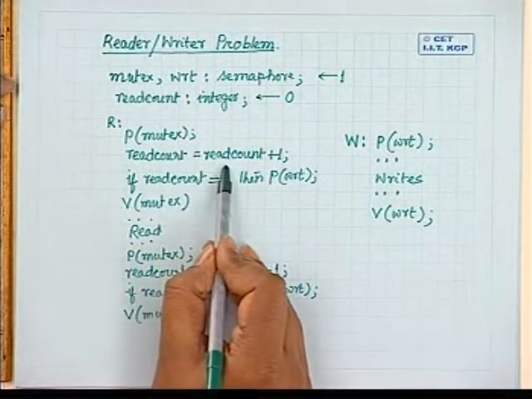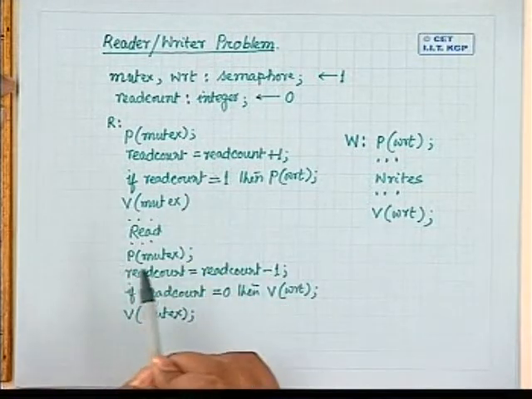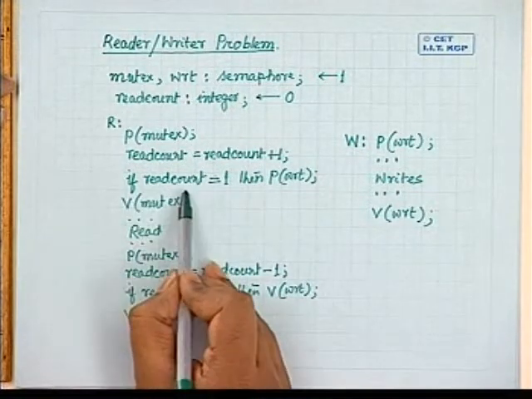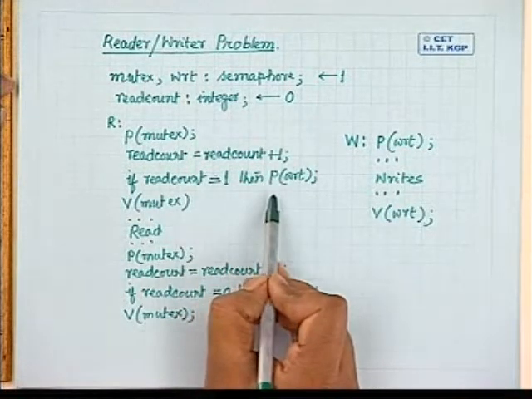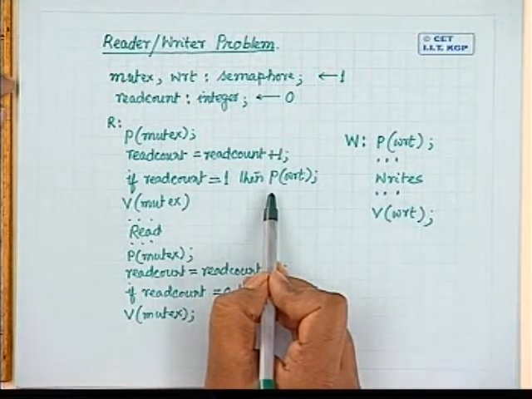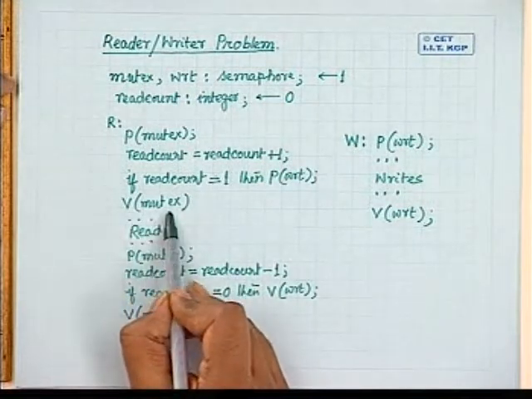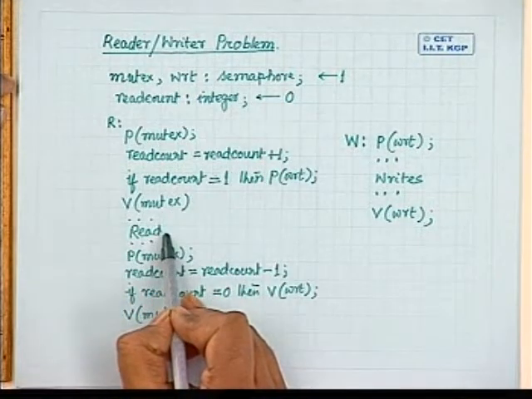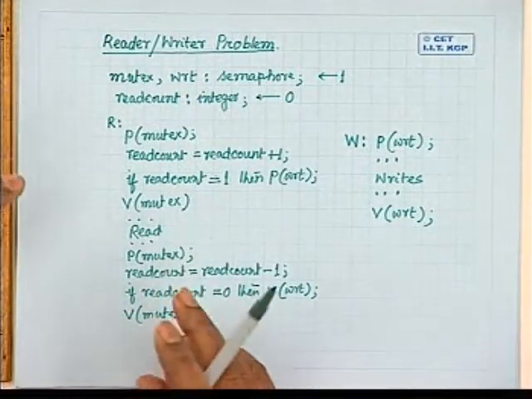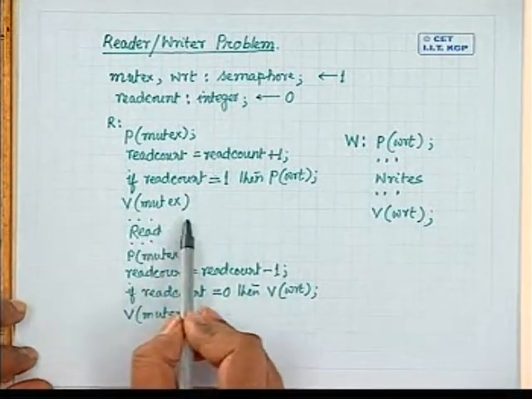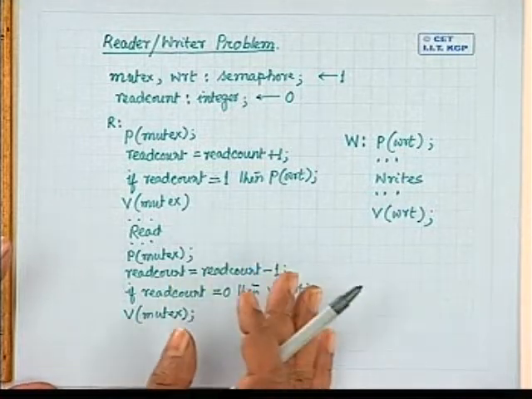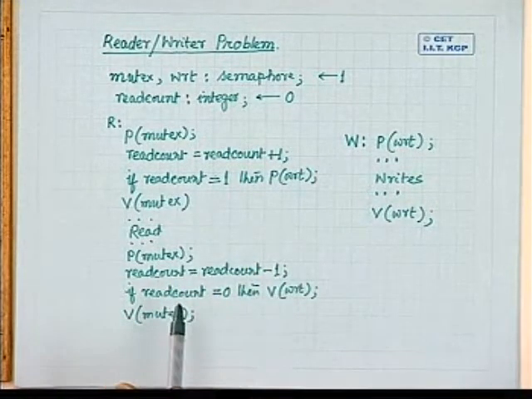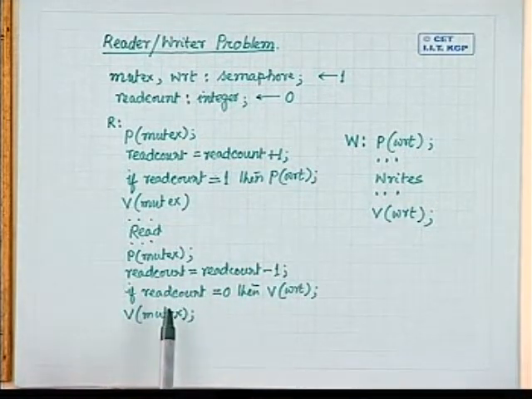It increments read count by 1, so now the value of read count becomes equal to 2. Read count is equal to 2, so p write will not be performed by the second process. It will simply perform v mutex operation and start reading the content of the file. So, I have two processes reading the content of the same file simultaneously, and this won't create a problem because none of these processes are going to modify the content of the file.